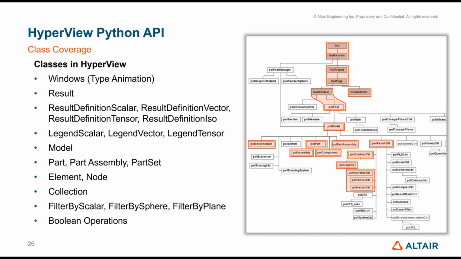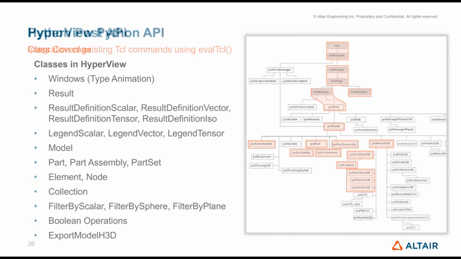And we cover collections for these entities, filter classes, the 3 filter classes we know from the selection set, and the Boolean operations. So if you want to combine 2 collections, you can plus and minus these collections. And then we also have the export model H3D in phase 1 covered.